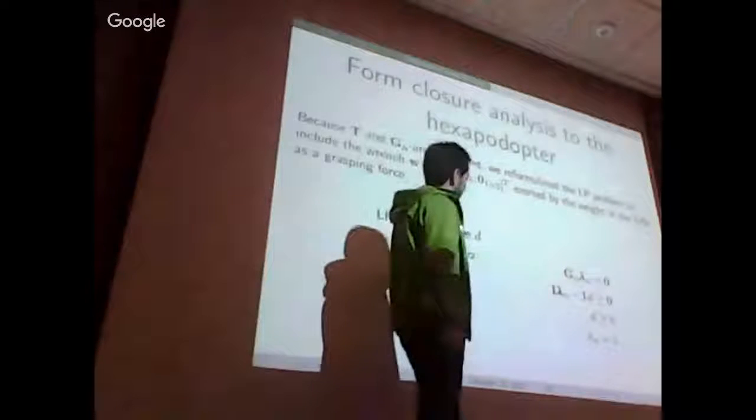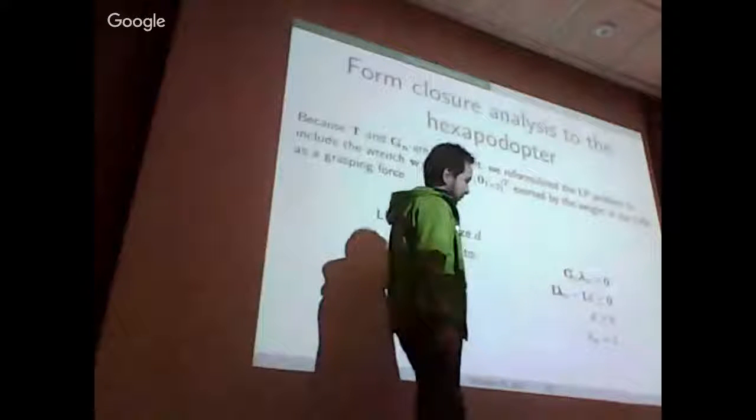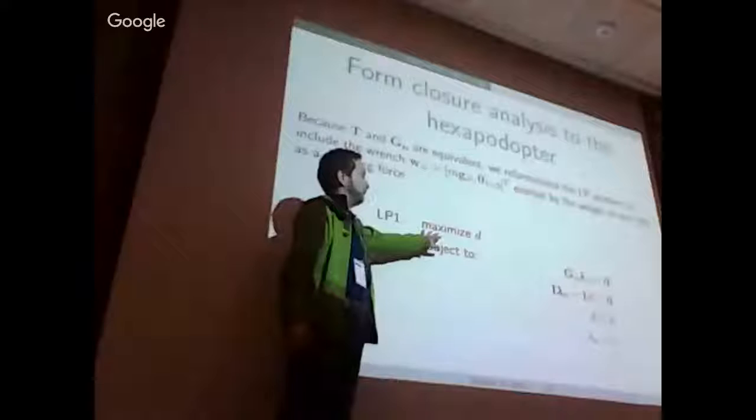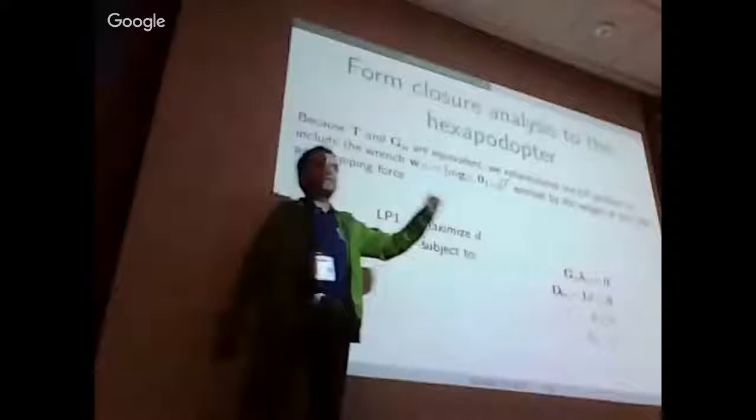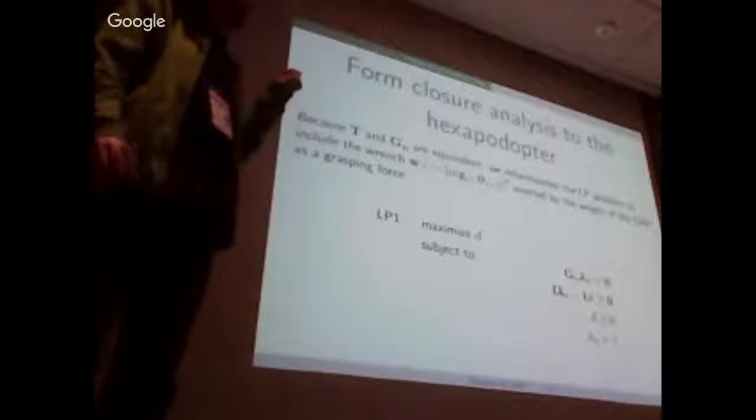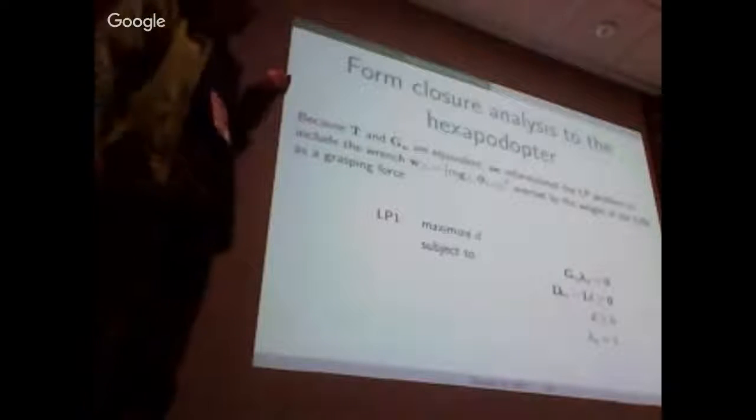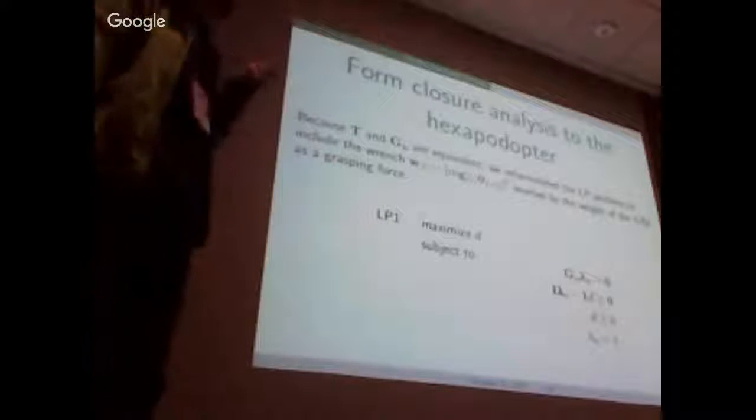And this problem is we have to maximize D, which is the minimum force that has to be applied to the rigid body so we can generate any wrench around the body.